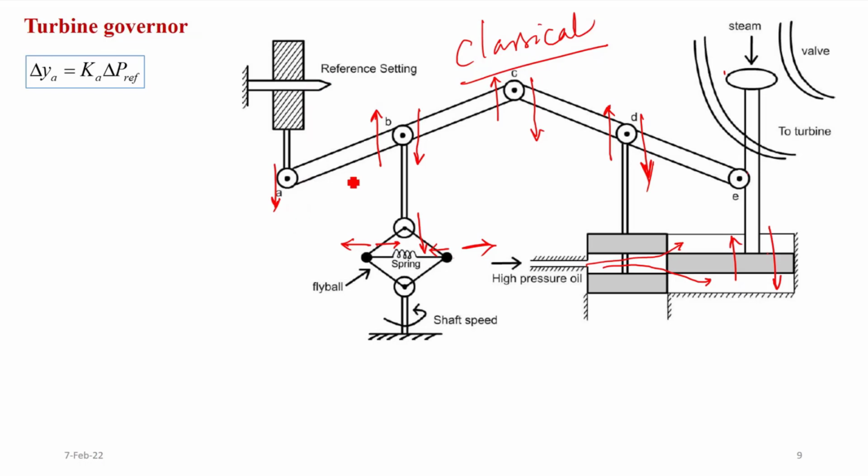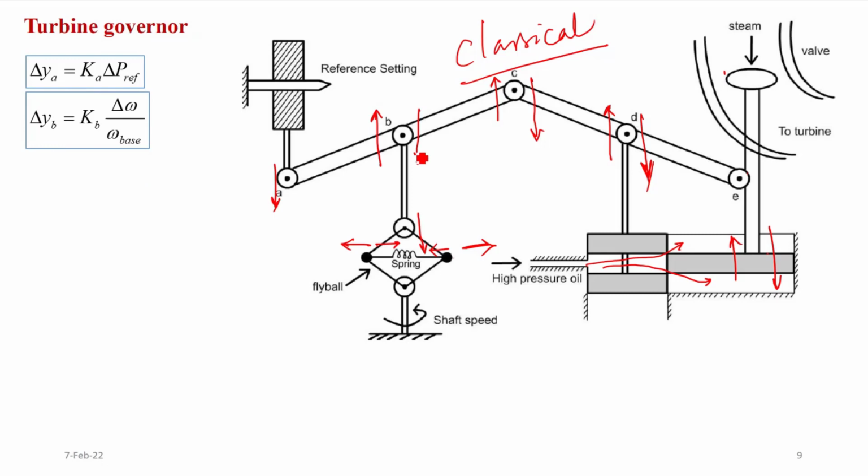So we'll consider moving down as positive and moving up as negative. So then if there is an incremental change in the position of point A, that I can say delta YA, that will be directly proportional to delta P reference, which I can write with proportionality constant Ka delta P reference, right?